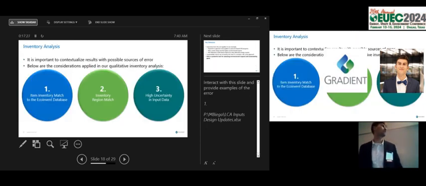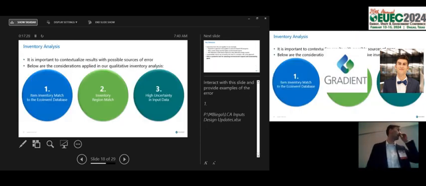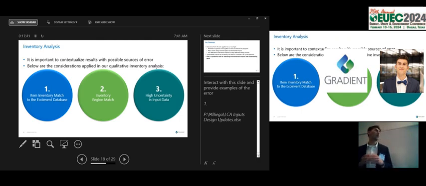Okay, so to contextualize results, which again is a very important step when you're performing a life cycle assessment, and to point out error to understand results, we created 3 categories of possible qualitative error. The first was the ability to match an item that we needed for remediation to an EcoInvent database.